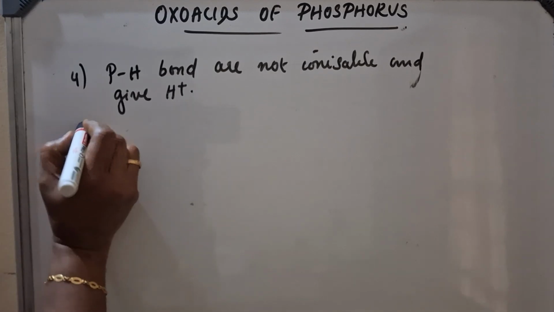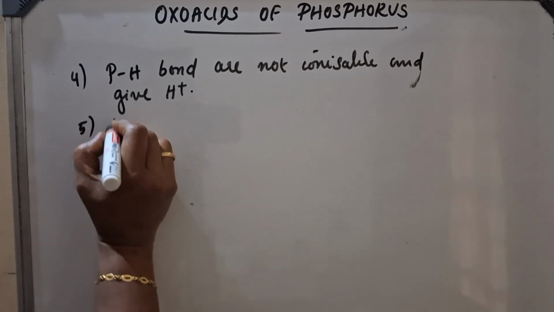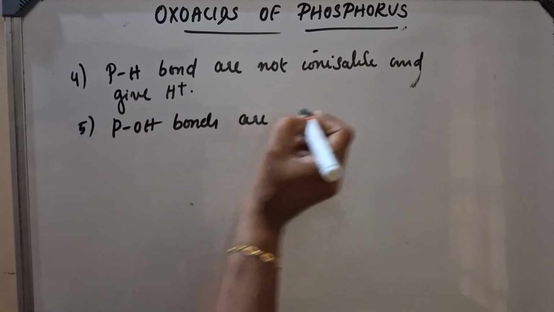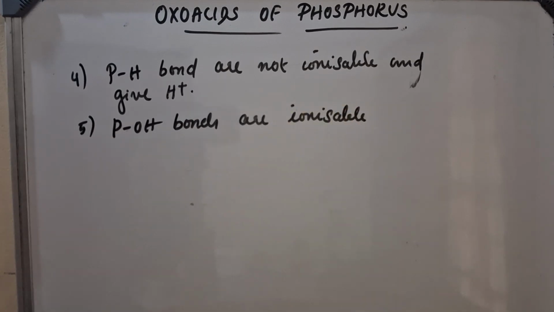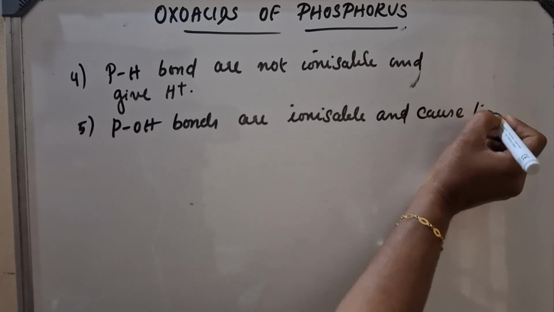Now, fifth property, P-OH bonds are ionizable. That is, the hydrogen atoms attached to oxygen in P-OH are ionizable. These P-OH bonds are responsible for basicity.